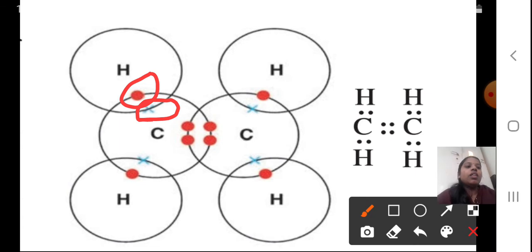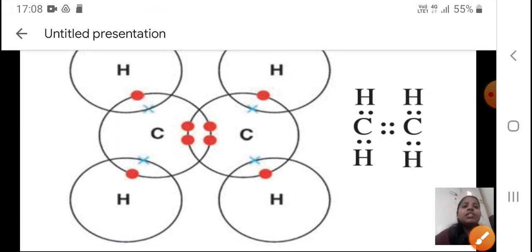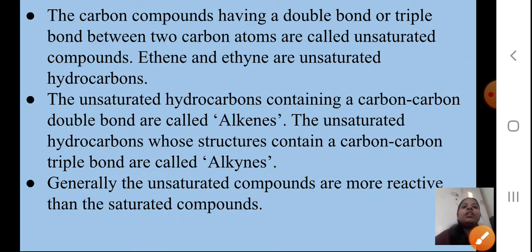Okay students, now we'll proceed. The carbon compounds having a double bond or a triple bond between 2 carbon atoms are called unsaturated hydrocarbons. So there can be a double bond or there can be a triple bond between the 2 carbon atoms, students. Ethene and ethyne are unsaturated hydrocarbons.